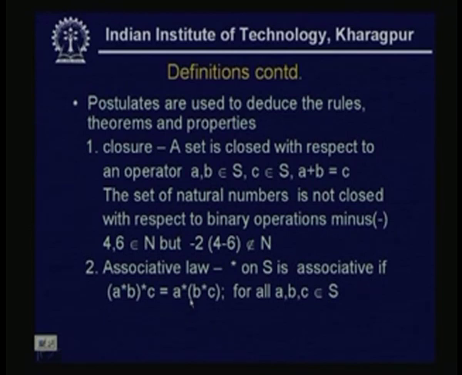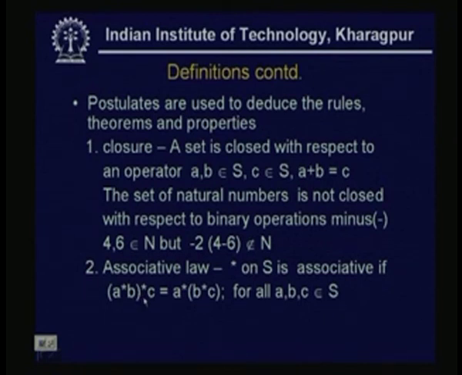associative if it is equal to A star B star C. On the left hand side, the operator is first operated on A and B. Then the result we get will be treated as one operand, and C, the another element of S, is the other operand, and then the operator is again operated on this.